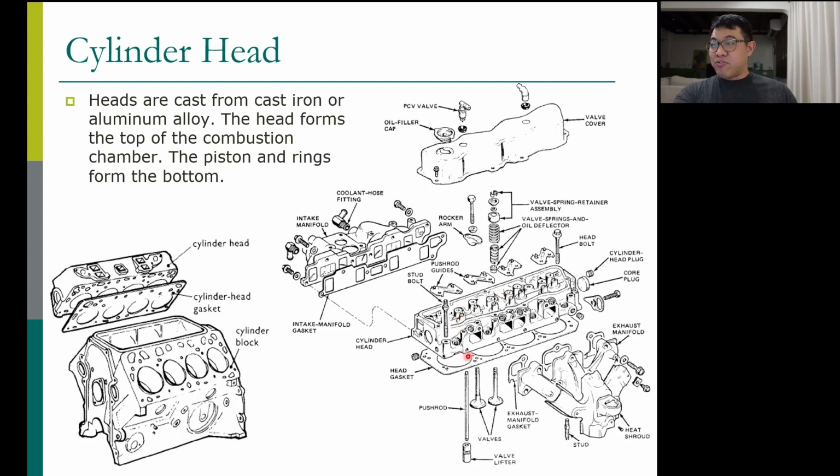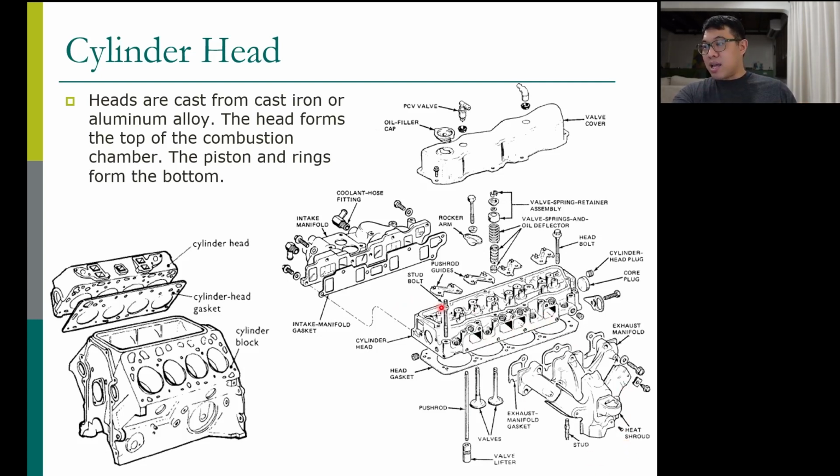It has valves. These valves, intake valve and exhaust valve, are installed inside the cylinder head. The air and fuel flow in through this cylinder head, so these are the ports that intake. Let's say this is exhaust manifold.